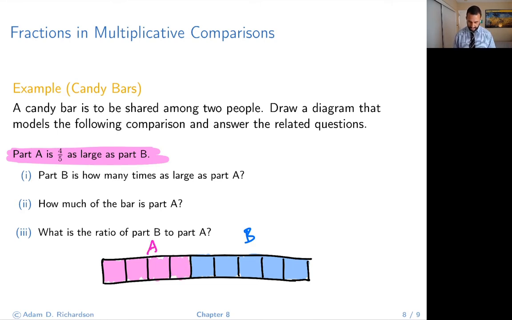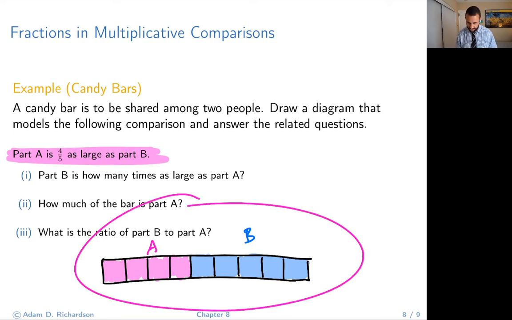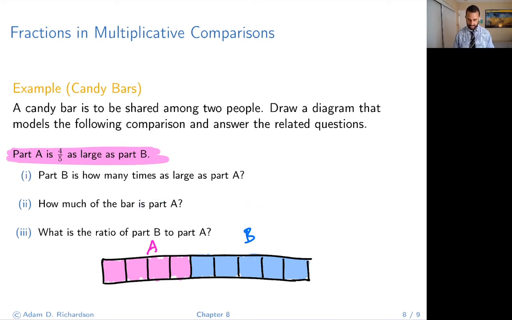Boom. And that's what we needed. So now this is a picture of the entire candy bar, and that's the key idea. Now we have the total candy bar, and we have the exact representation of A and how it compares to B. So everything's good, and now we can proceed with answering the questions.